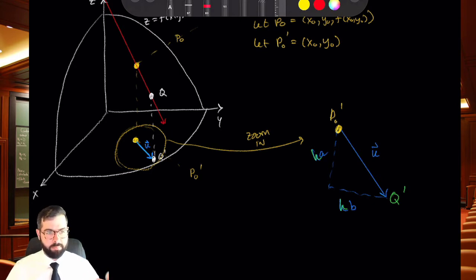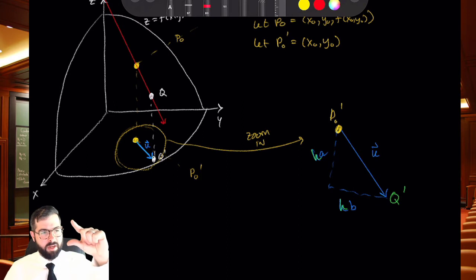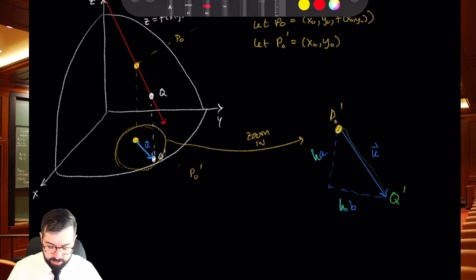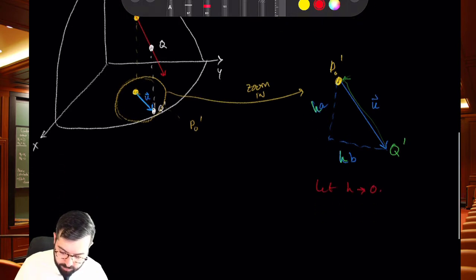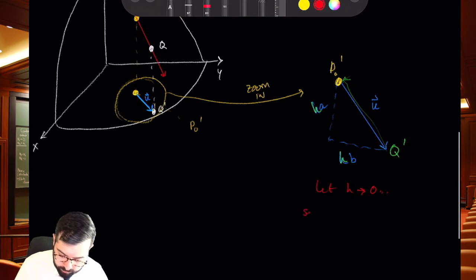These are scaling them. So we shrink these down, and what's going to happen? We're going to move to be sitting right on top of this point. We let h go to 0. Secant line becomes tangent.